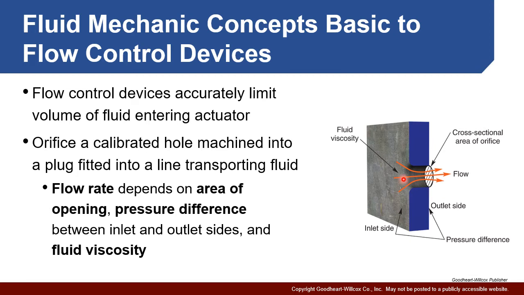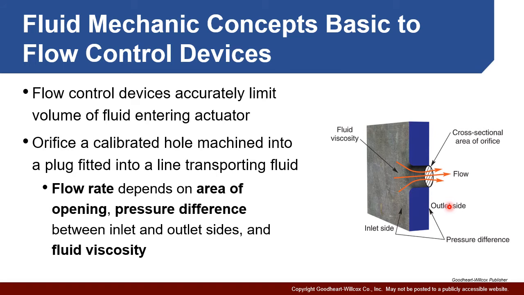This is a simple diagram of it where we have a hole drilled through material, and the amount of fluid that's going to flow through here is going to be dependent upon the size of this. Keep in mind a couple of other things that are important in terms of this. One is the difference in pressure, right? A higher pressure difference between the inlet and the outlet is going to give us more flow.